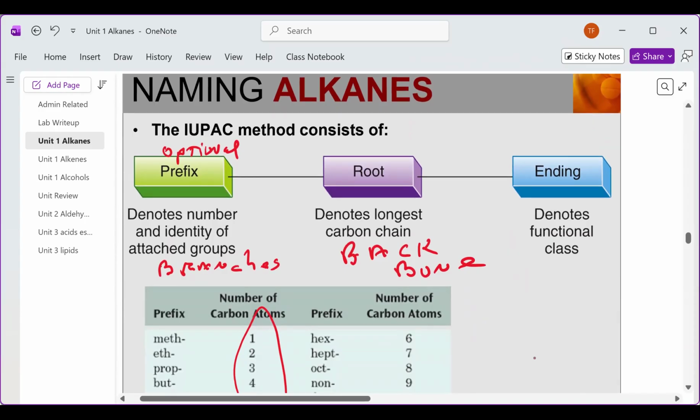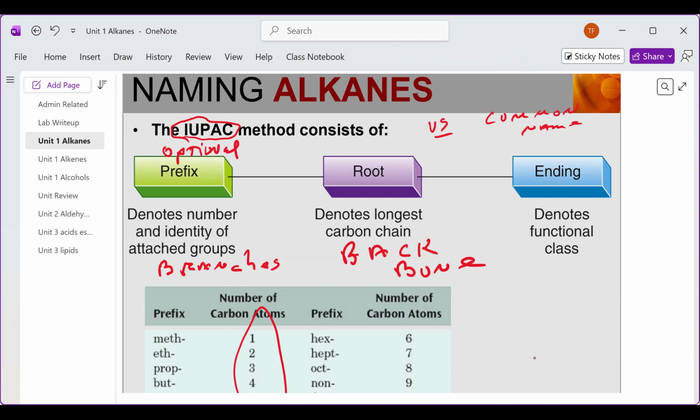So naming alkanes. This is naming all organic compounds. And we're using something called the IUPAC, International Union of Pure and Applied Chemists, versus common name. So IUPAC name, common name.